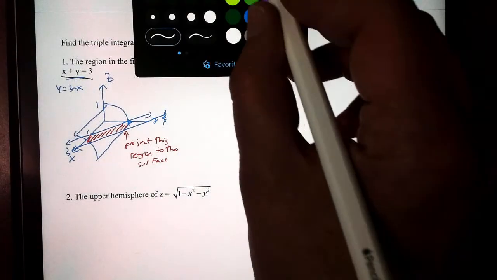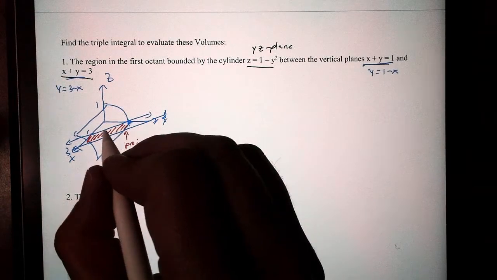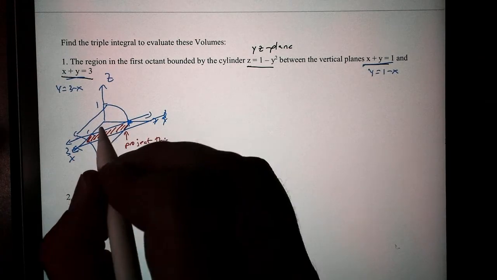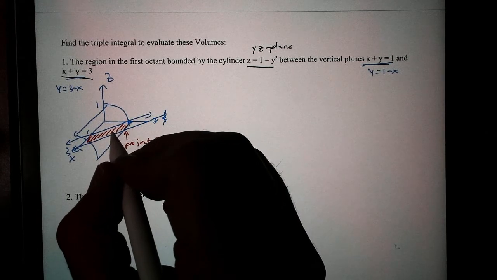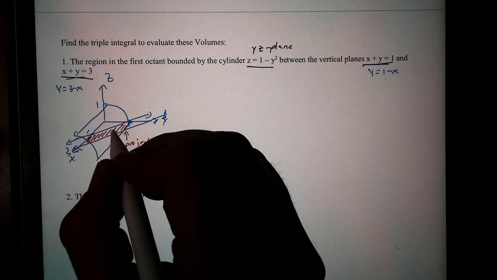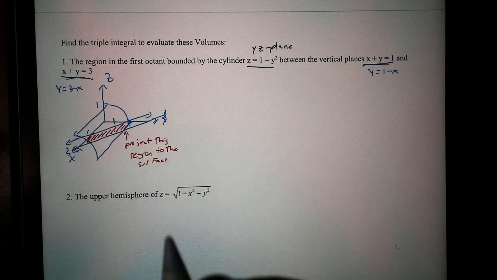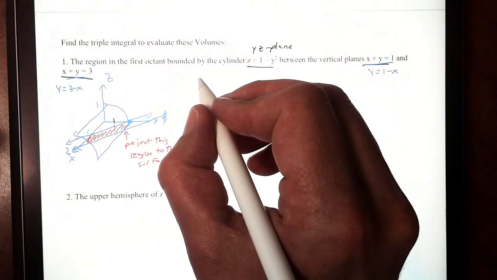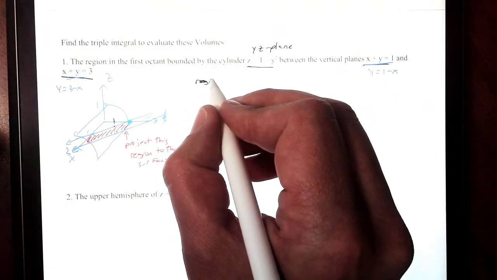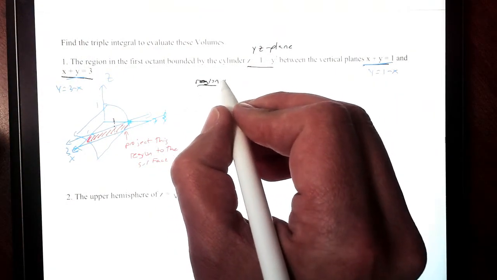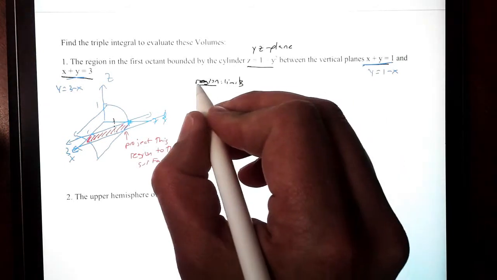Now the first limit we're going to use is a change in z, because I know my z. What's my min z? Well, my minimum z is going to be on the very bottom in the region itself. My maximum z is going to be measured to the surface itself. So I can get my region of limits for z pretty easy.